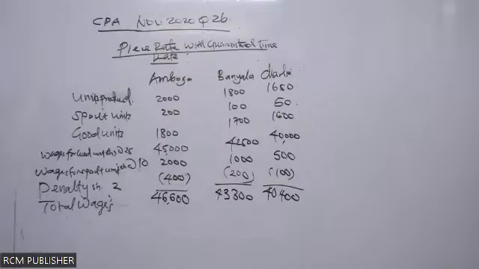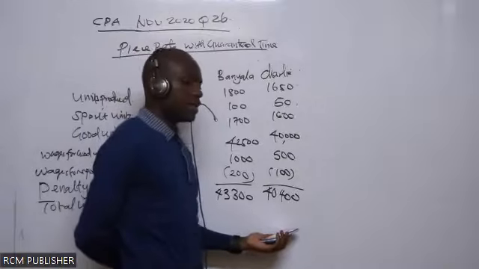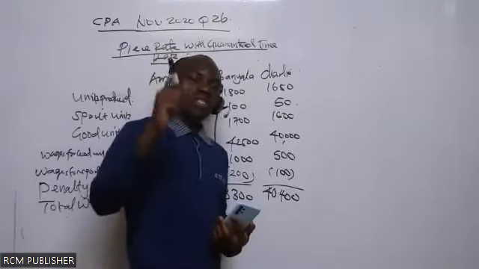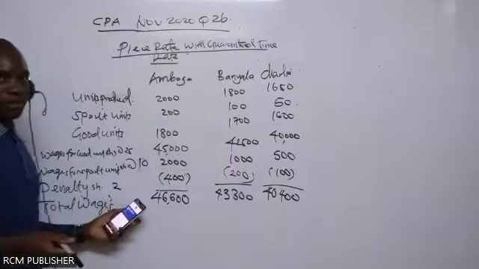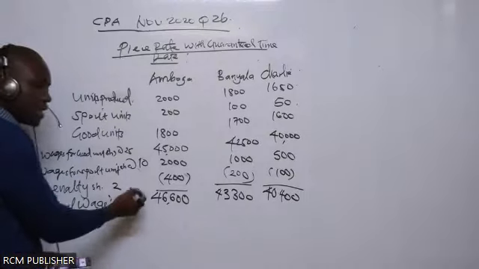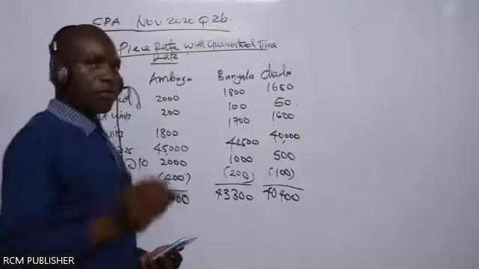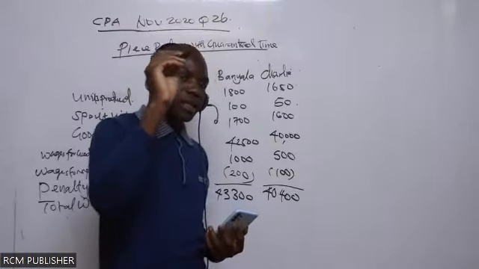So the minimum wage that is guaranteed of 8,000 is only going to be given to someone whose total wages is less than 8,000. If the wages that you're supposed to receive is less than 8,000, then automatically the company will give you 8,000.